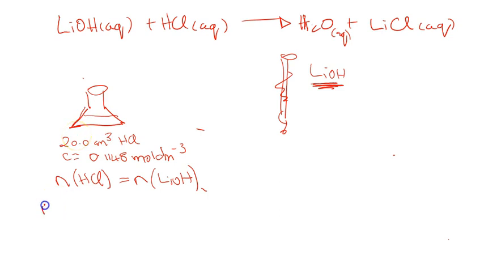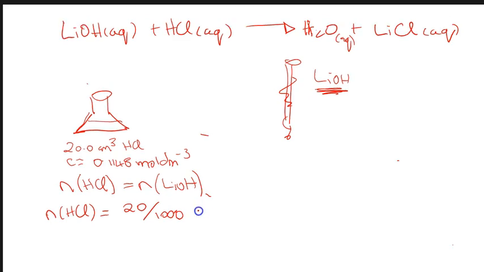So n of HCl is going to equal 20 divided by 1000, which is getting it into decimeters cubed, multiplied by our 0.1148, and that will give us a total of 0.002296 moles.